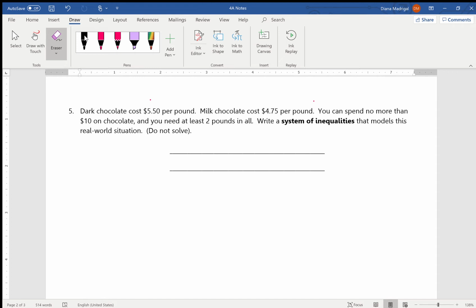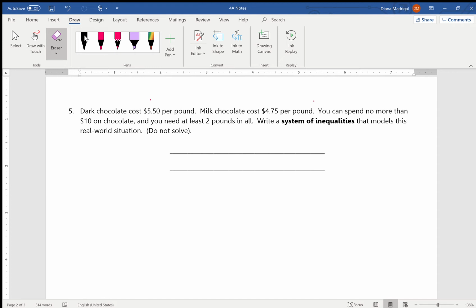It works the same way as systems of equations. We're going to write two inequalities. Obviously, we're not going to use the equal sign for now. We're going to use one of the four symbols for inequalities, but the concept is the same.